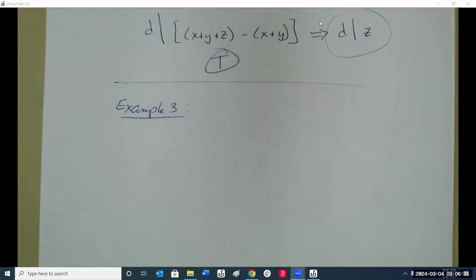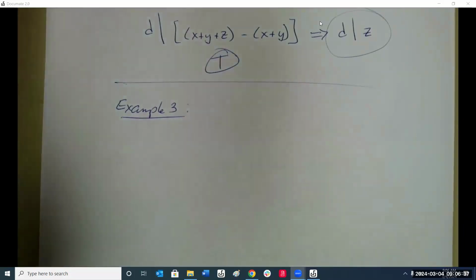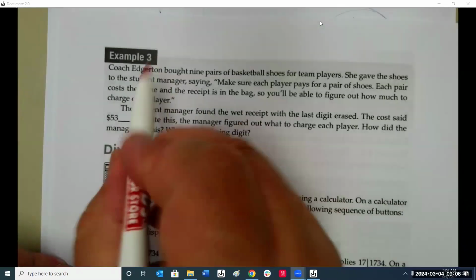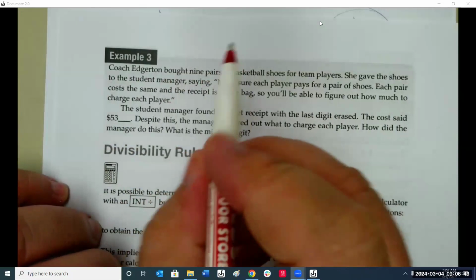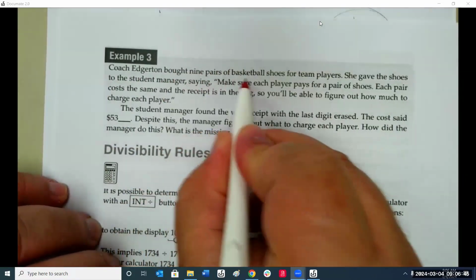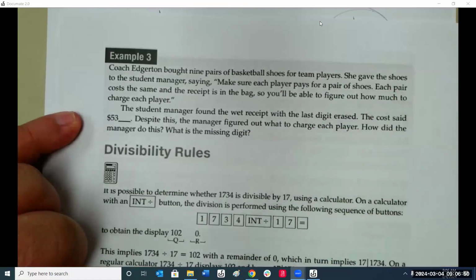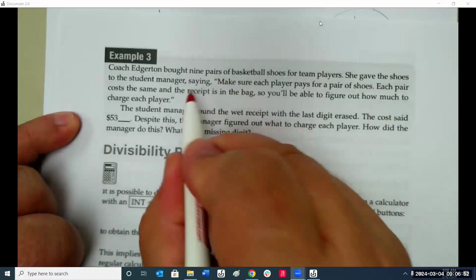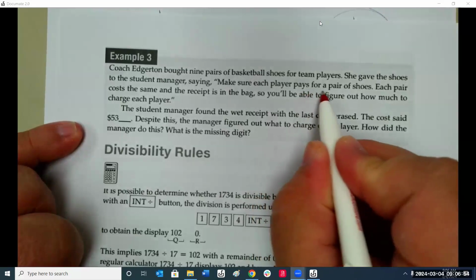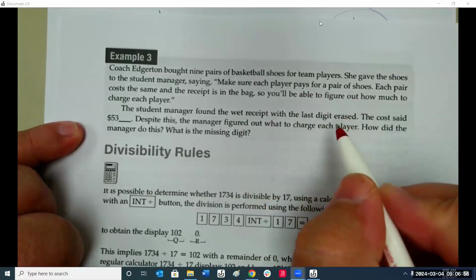Example 3 is a long, drawn out one. It says, Coach Edgerton bought 9 pair of basketball shoes for team players. She gave the shoes to the student manager, saying, make sure each player pays for a pair of shoes.